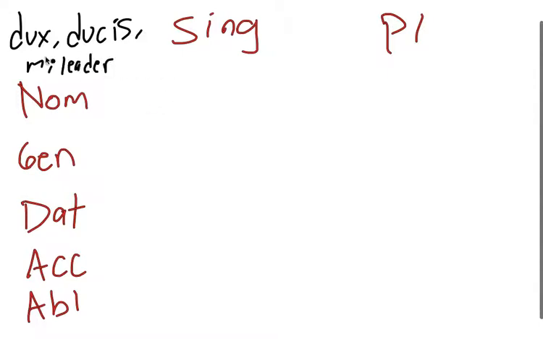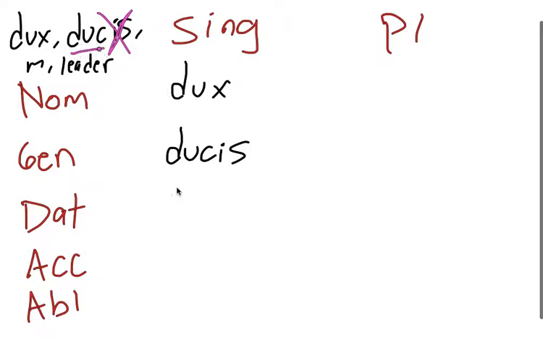So we already have our nominative. Our nominative is dux, and we also have our genitive. Our genitive is ducis. We have that from the vocabulary entry. Well, in order to find the base, we take off the genitive singular ending. Genitive singular for third declension is is, so that will leave us with the base. And so now I'm going to write the base throughout the chart. Just duc.